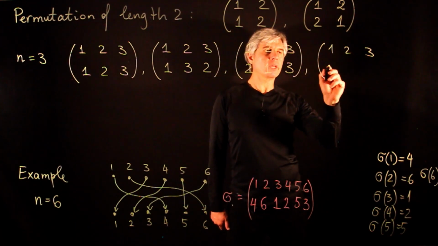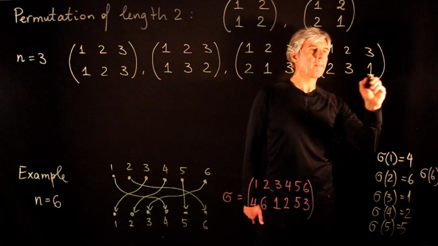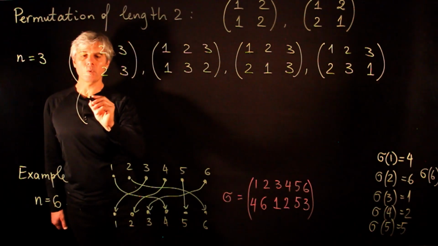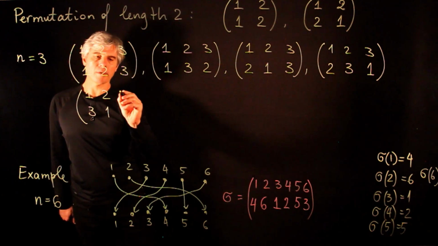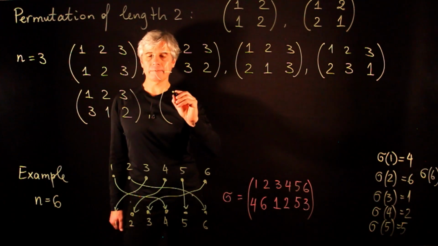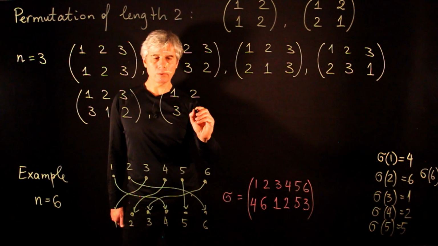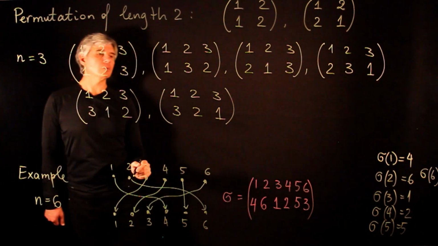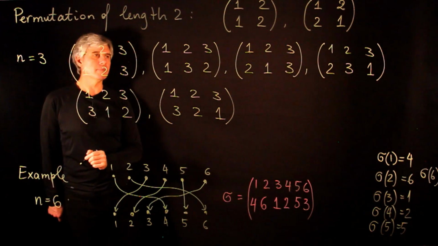Then we have 1 goes to 2, 2 goes to 3, 3 goes to 1. Then we have 1 goes to 3, 2 goes to 1, 3 goes to 2. And finally, we have 1 goes to 3, 2 goes to 2, 3 goes to 1. So here we have 6 permutations of length 3.